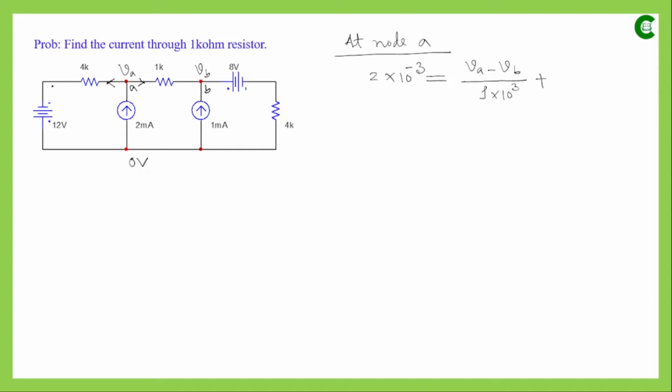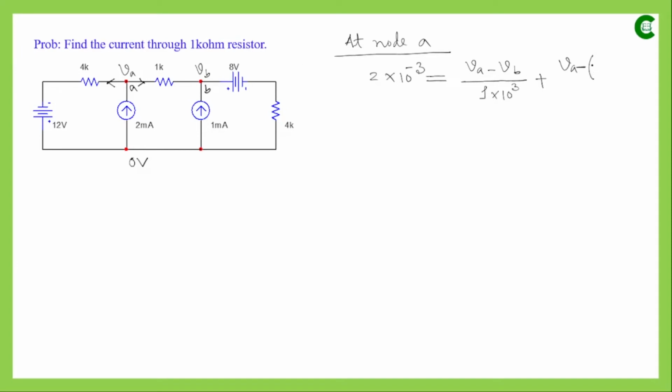And for this branch, the potential difference will be of this point, this is VA. Then, as the voltage value of this voltage source is 12 volt, and this is the negative terminal and here we have the positive terminal, we have to consider this voltage value as negative. Since we are finding the potential difference, it will be VA minus of, and this value itself is negative since the negative terminal is at this side.